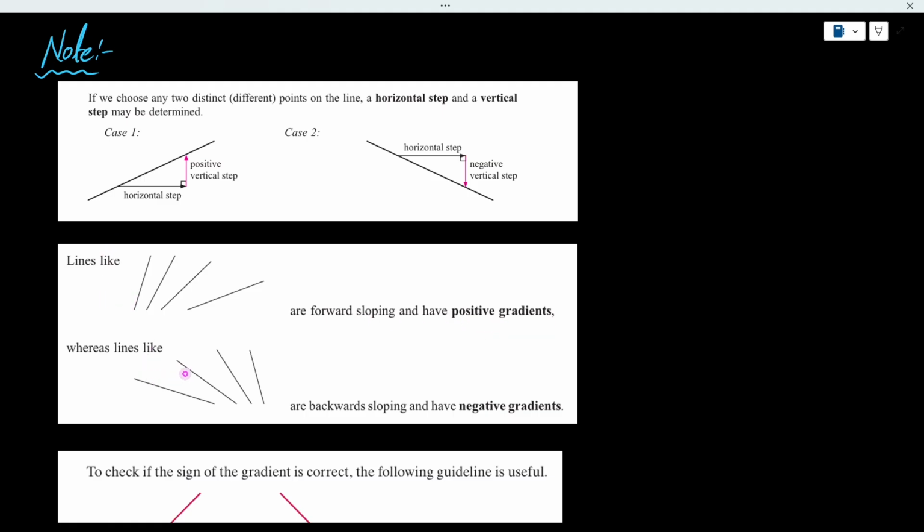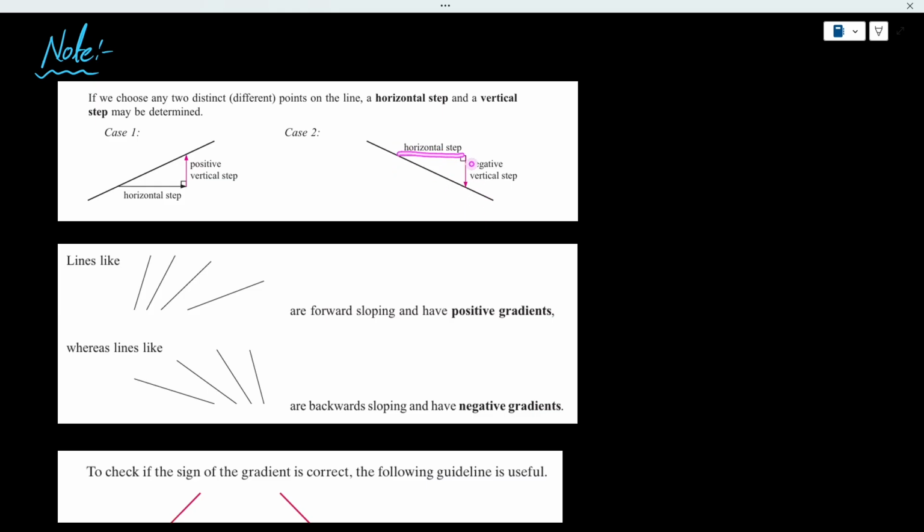Now where you will get the negative gradient? This is called backward sloping. So if the lines are like this, or here also this is the case, now why do we get negative? Because here the vertical movement is negative and the horizontal step is positive. See, horizontal is going to the right. If this is point A, this is point B, from A to B, how will you reach there?